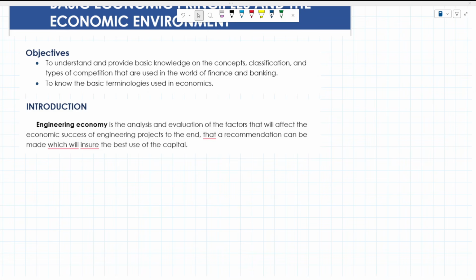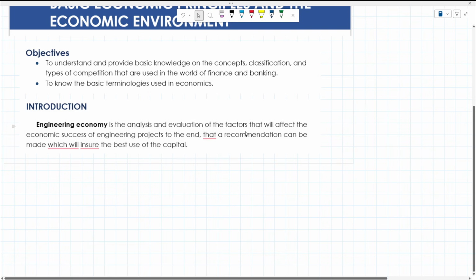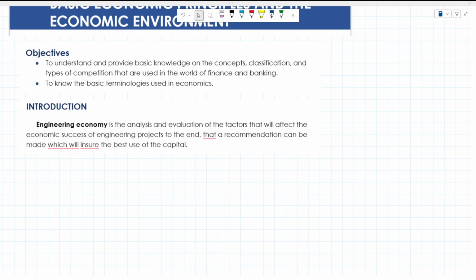And ensure, on the other hand, means to make certain, to make sure that something happens. So the word used in here is ensure, with the E.